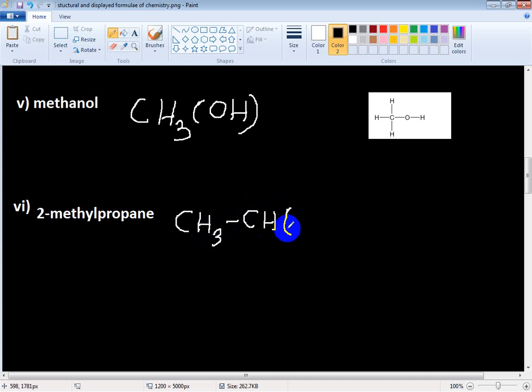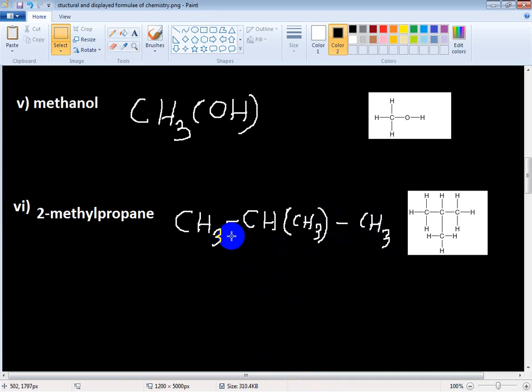This carbon has two bonds, one with hydrogen, one here. Okay, this is the structural formula. Now this is the displayed formula of 2-methyl propane. This is one.